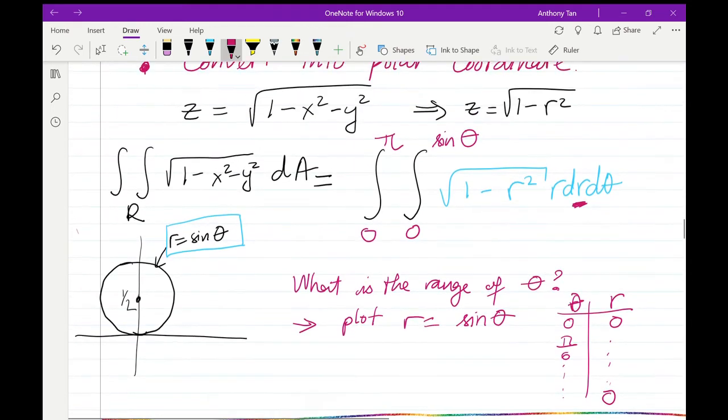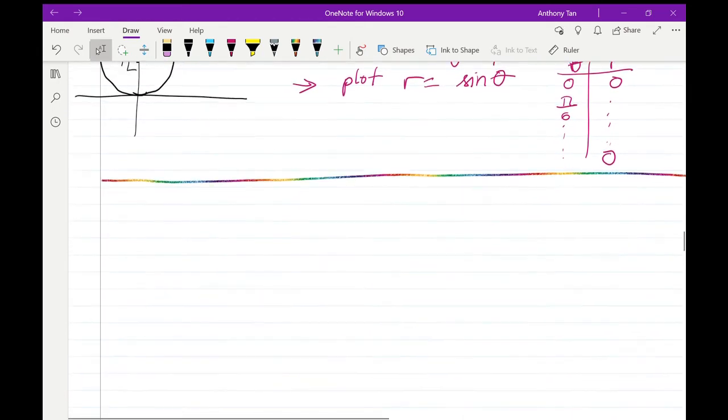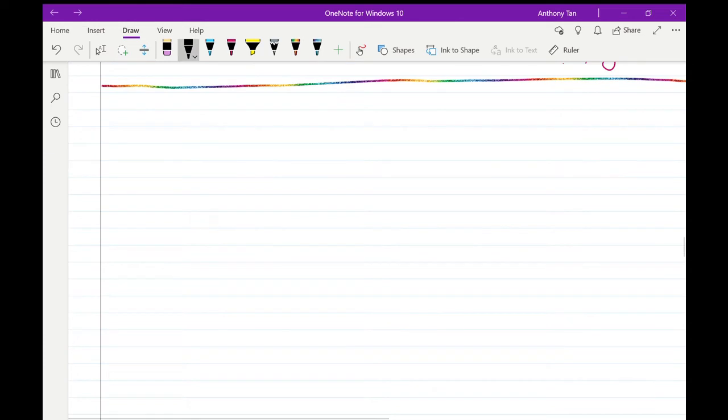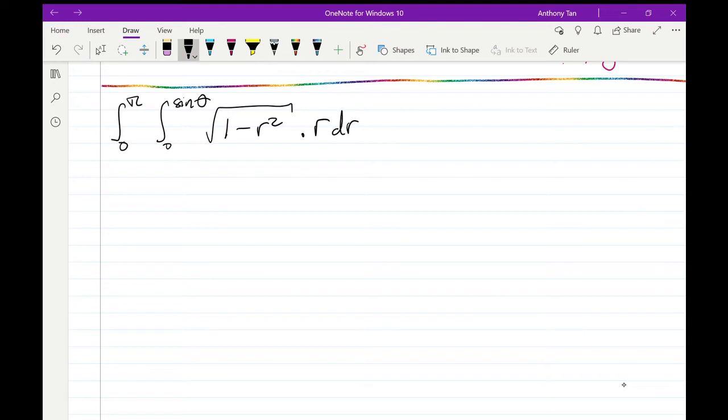So let us try to integrate this polar coordinates double integral. The integral we want to do is 0 to pi, 0 to sine theta, the square root of 1 minus r squared, r dr d theta. We will do this as an iterated integral, which means that we do the inside first.